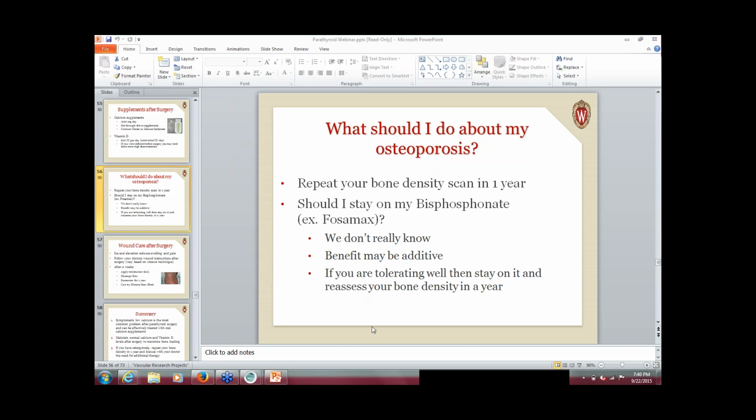But the patients who had surgery and also had the Fosamax probably had the greatest improvement. So I do think that they benefit you in different ways, and there may be some added benefit of doing both of those. So what I typically would say is if you're tolerating it well, then stay on it and reassess your bone density in a year and then decide at that point whether or not you should discontinue it or continue on that therapy.